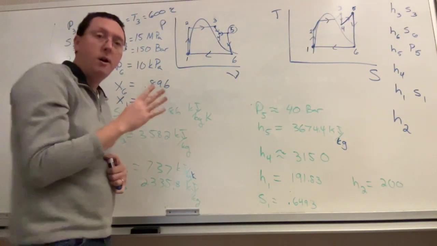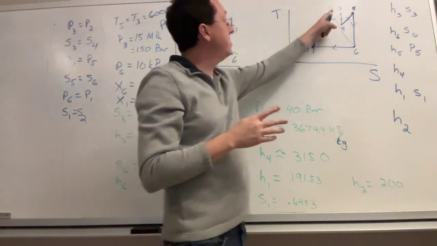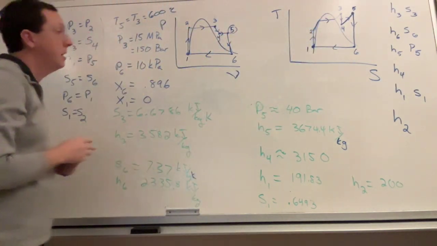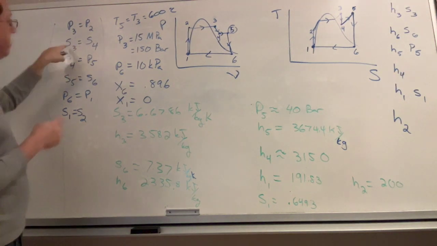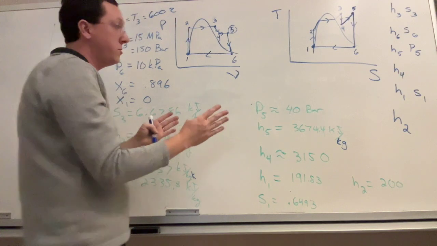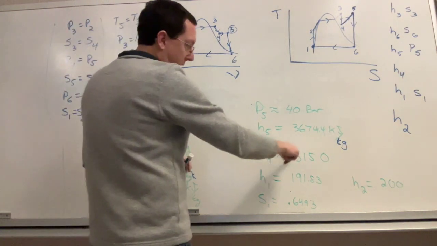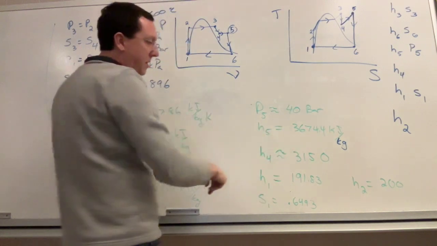So state 4 has a pressure of 40 bar. On the other hand, we know the entropy at 4 is the same as the entropy at 3. That's one of our assumptions here. So at state 4, we now know the entropy and the pressure is 40 bar. You look at the tables, and I put a tilde here, a rough equals.